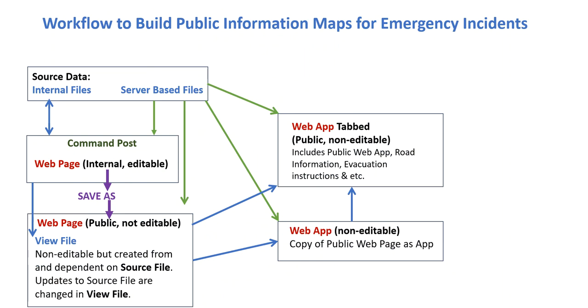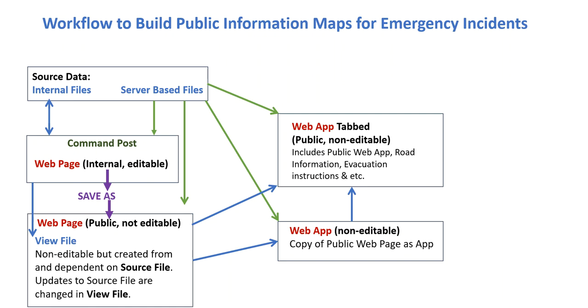But when you push something out to the public, ultimately as a web app, you don't want editing to be enabled on that one. So AGOL has a feature where you create your editable feature class, and then you make it a view layer where you disable editing.